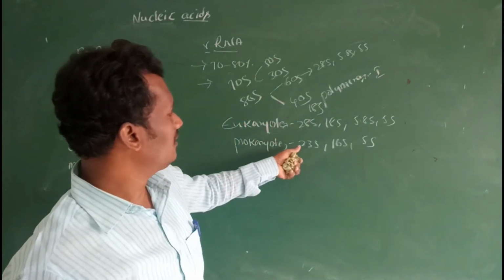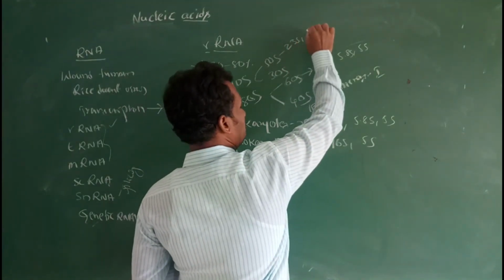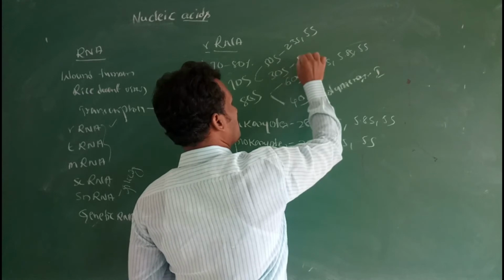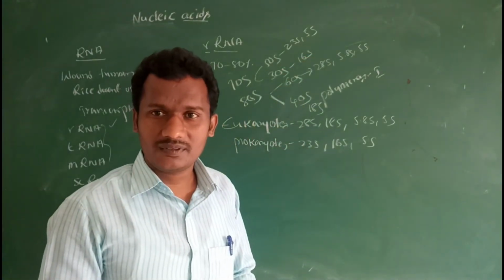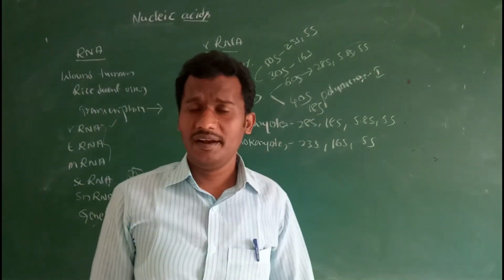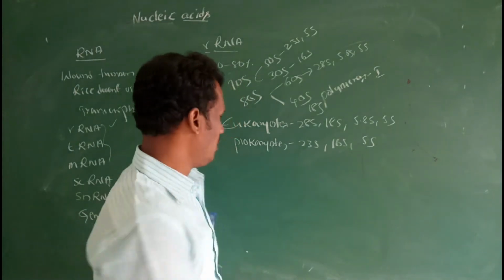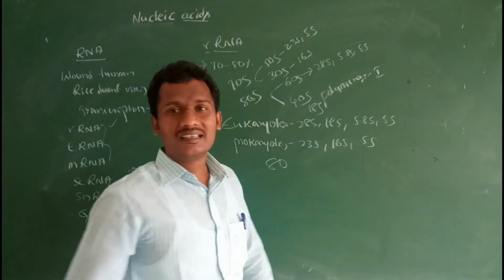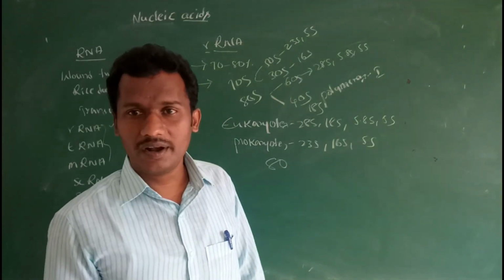In prokaryotes, in the larger subunit 23S and 5S, and in the smaller subunit 16S rRNA types are present. These rRNAs contain a specific number of proteins. Approximately more than 80 different types of proteins are present in ribosomes.